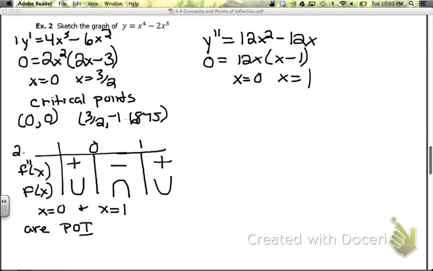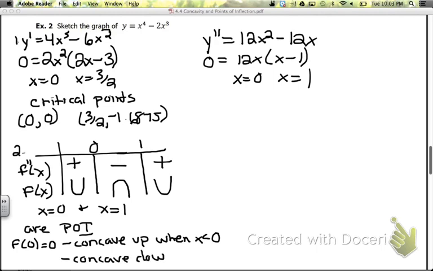So let's just look at those 2 points here. Looking at f of 0, which is equal to 0, we know that our function is going to be concave up when x is less than 0, and concave down when x is greater than 0.